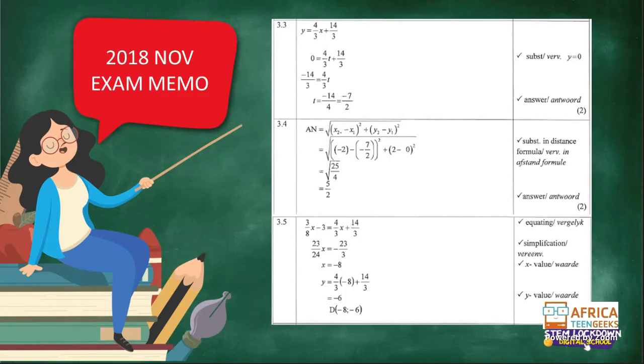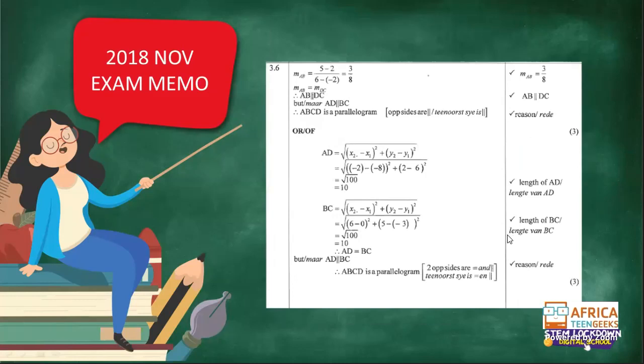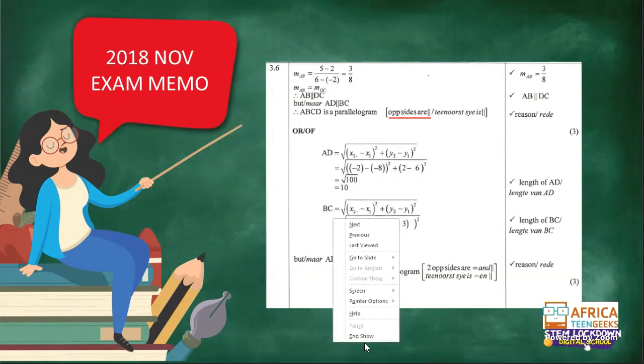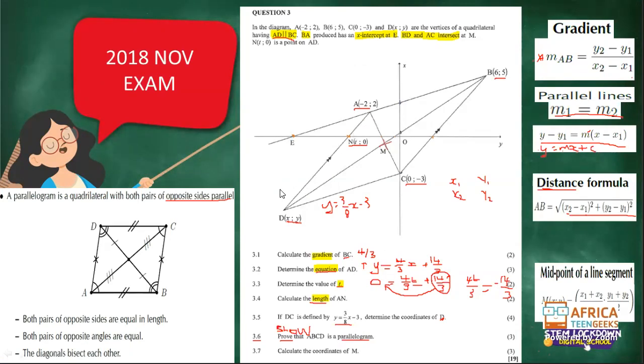Okay. Let's say, for example, you decided to show that the opposite sides are parallel. Okay. So if you're showing that the opposite sides are parallel, you need to show, for example, you're already given that AD is parallel to BC, okay?